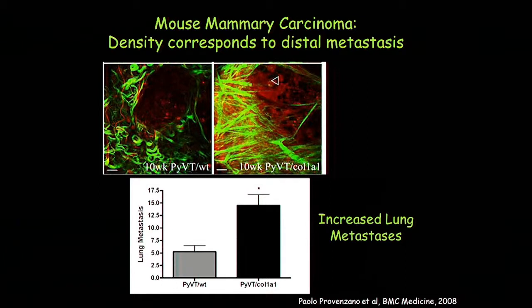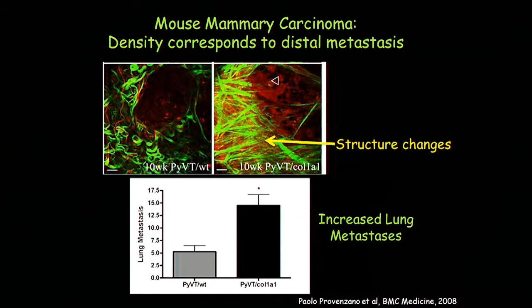And this is an example. In green is the collagen and in red is the tumor. In the normal mouse background, the collagen looks like this after 10 weeks of age. And in this collagenase-resistant animal, we have these really thick, dense collagen fibers. And these animals have a threefold increase in metastasis to lungs. So that means these breast cancer cells are going to the lungs and making metastases.